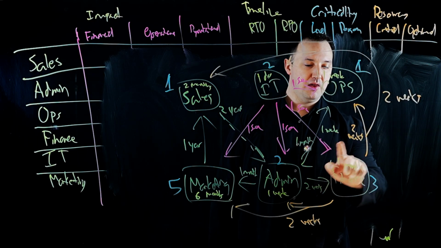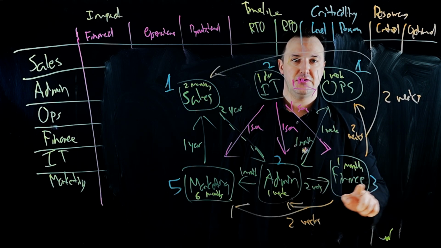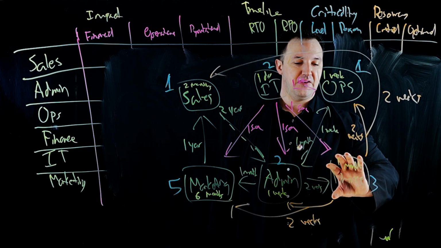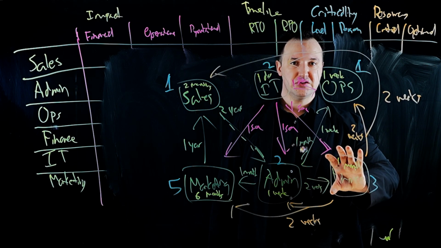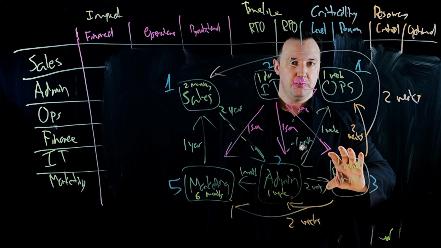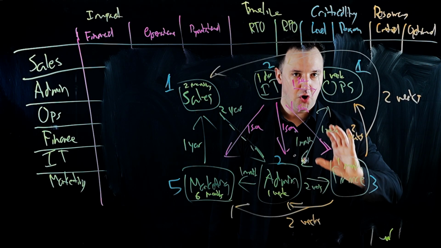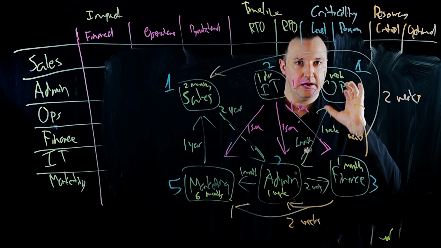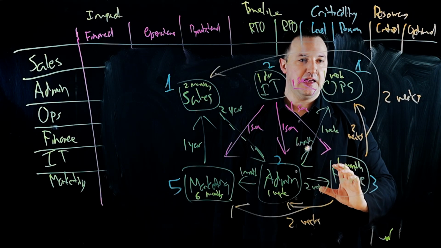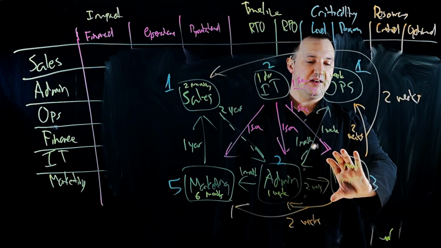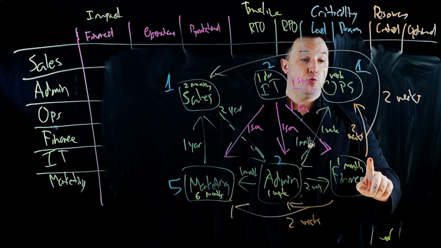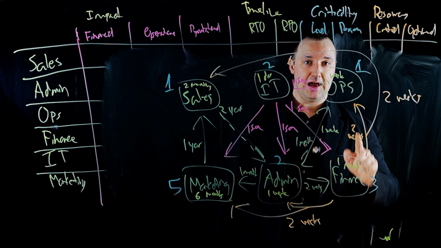So let's say the lack of people, resource, whatever from finance has knocked out finance. In 1 month, finance's RTO gets triggered. For whatever reason, finance has said that it can basically do its job for a month without being online. Now, it's very possible that this is not the case and they are lying. They think they can, but they can't. It may be the case that when finance's RTO starts ticking, really, that 2-week impact happens immediately.